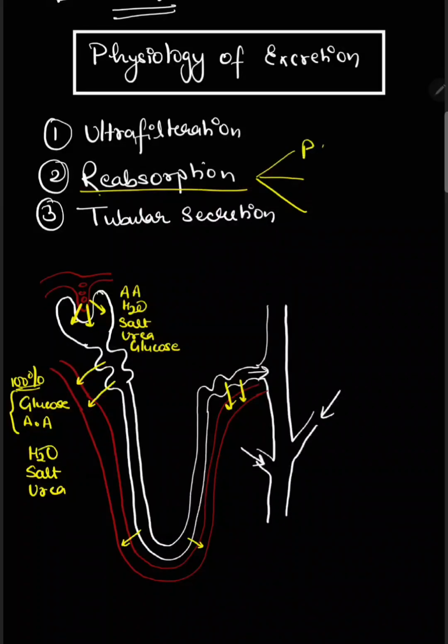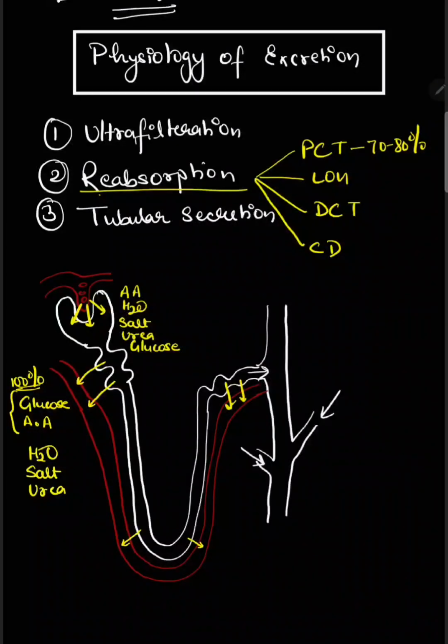Reabsorption will take place in the PCT, in the loop of Henle, in the DCT, and maybe also in the collecting duct if needed, very minimal. Out of total reabsorption, about 70 to 80% takes place in the PCT.